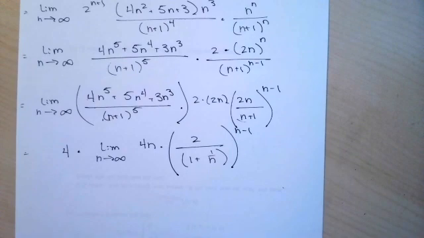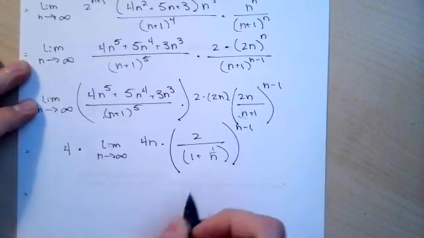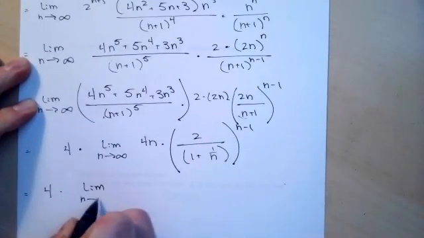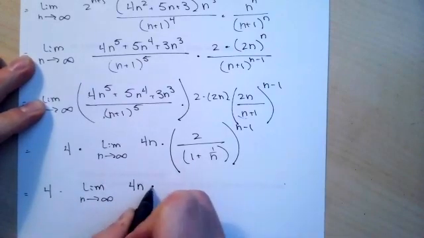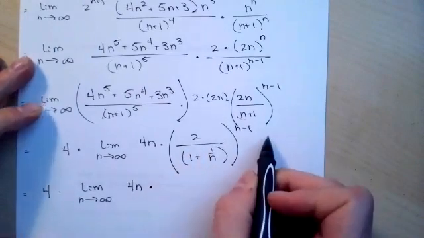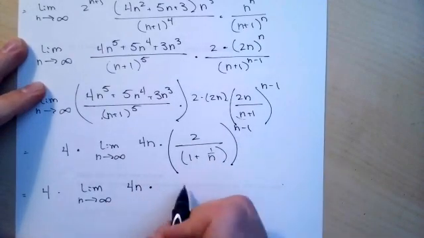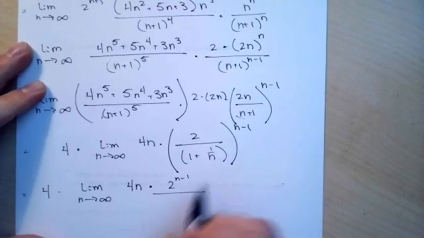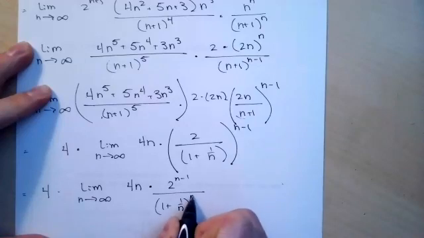And so now, what's going to happen with these terms? We've got to remember all of our pre-calc skills that are coming in. We're going to have 4 times the limit as n goes to infinity of 4n times, it might actually be better to split the exponents again, 2 to the n minus 1 over 1 plus 1 over n, to the n minus 1.